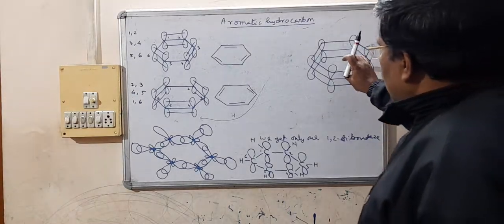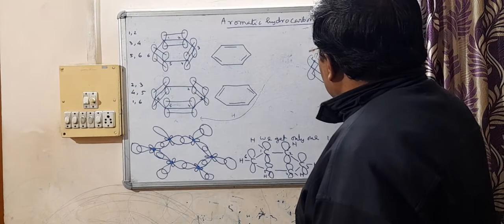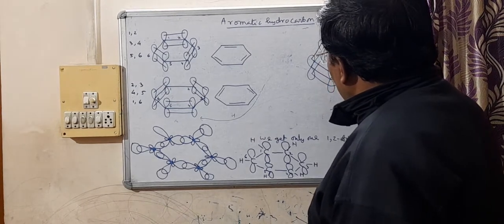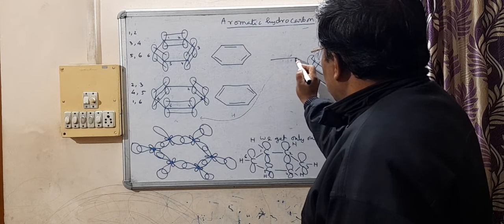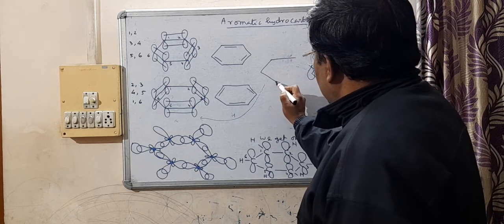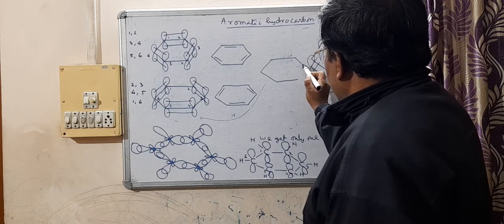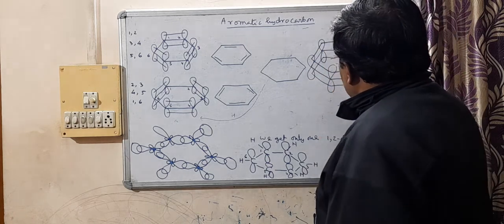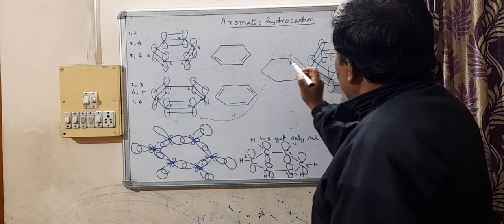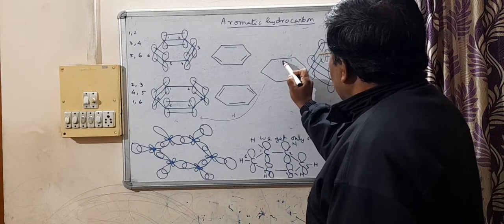So if I am drawing the bond line notation for this one, then it becomes like this. So you see there is simultaneous overlapping, here we will get like this.